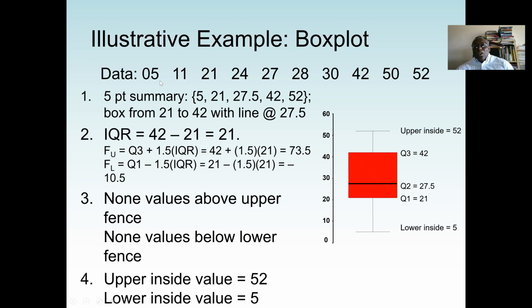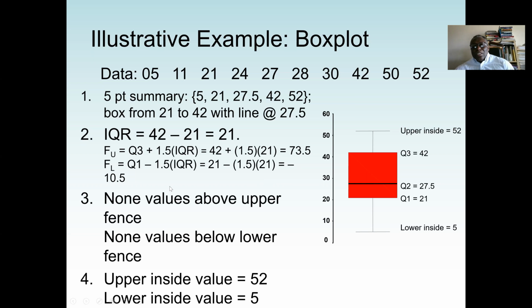Now let's look at the lower fence, the lower value. We have Q1 minus 1.5 IQR, so we have 21 for Q1 minus 1.5 times the IQR, which is 21 also. So we see that we are going to get a negative value, because 1.5 times 21 will give us somewhere around 32.5 or something. 21 minus any value greater than 21 will give a negative value.